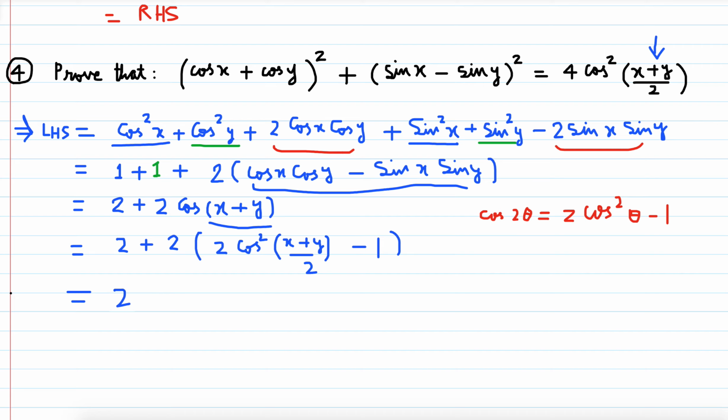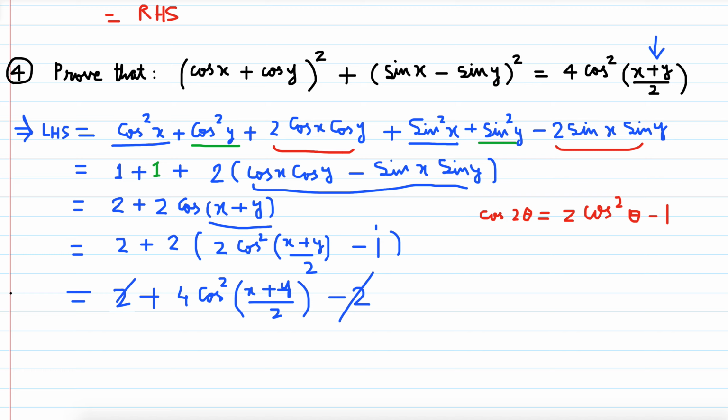So it becomes 2 plus 4 cos square x plus y by 2, and this 2 times minus 1 becomes minus 2.